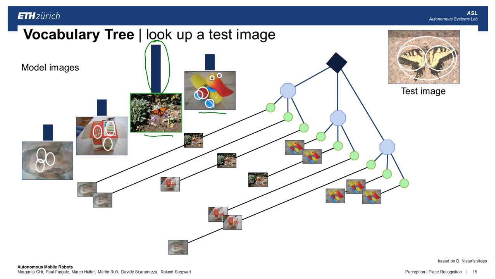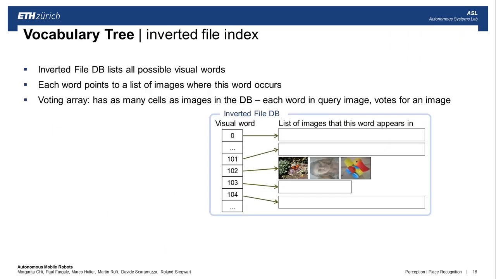Now, to make the search for images more efficient, we use the inverted file index. The inverted file database looks a bit like this. We are stacking all visual words that we have ever seen in the training phase, and then every word is linked to the list of images that it appears in.